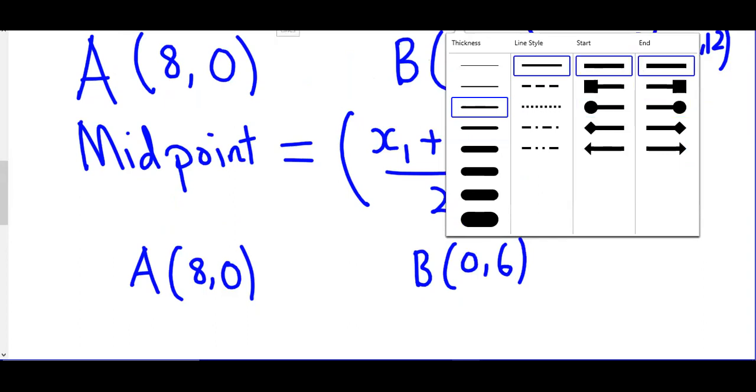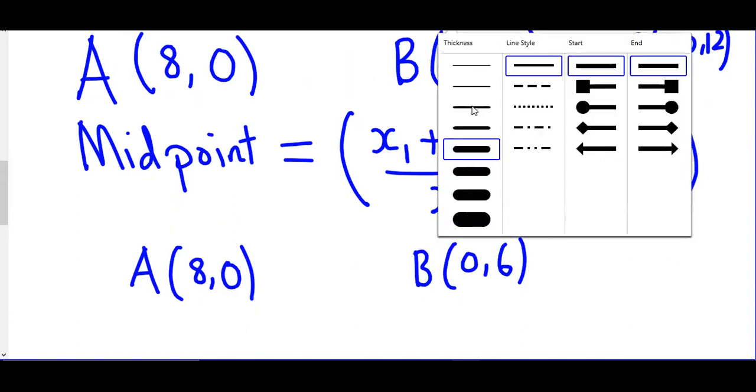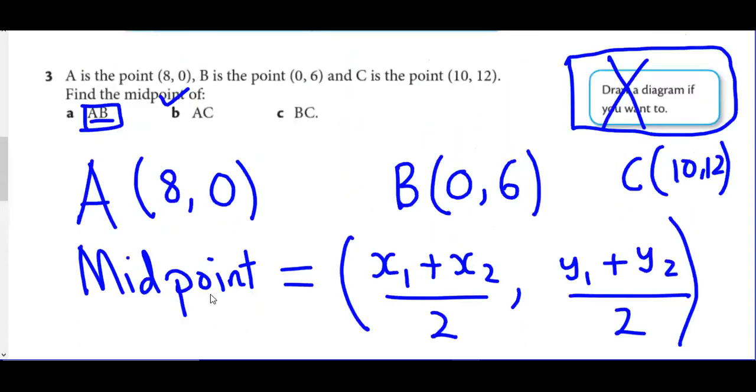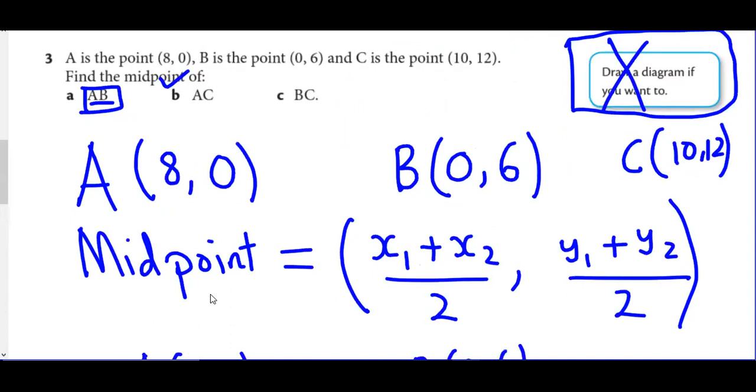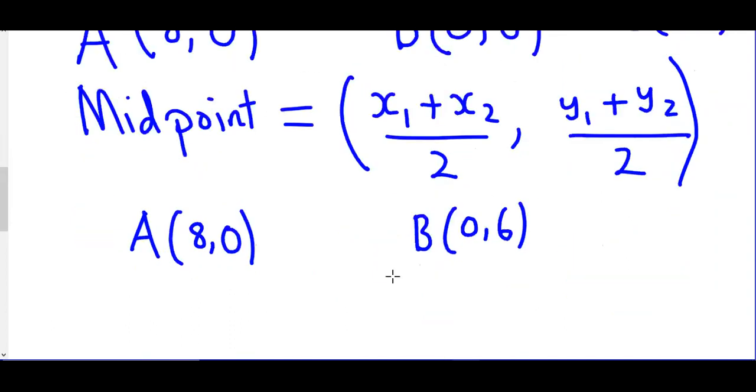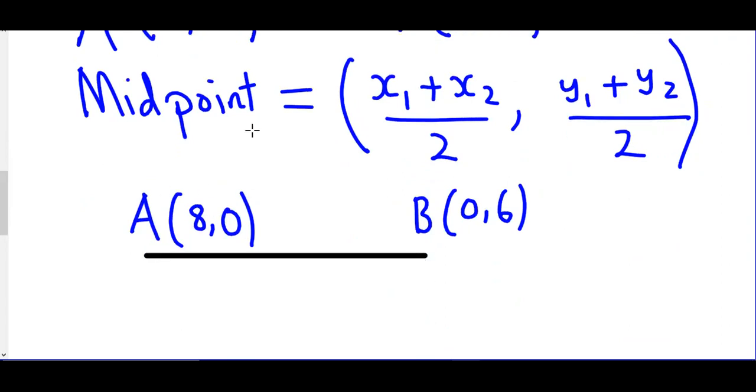I'm going to show you roughly the line from A to B. The line from A to B is the line connecting point A and point B. We are supposed to locate where the midpoint is.